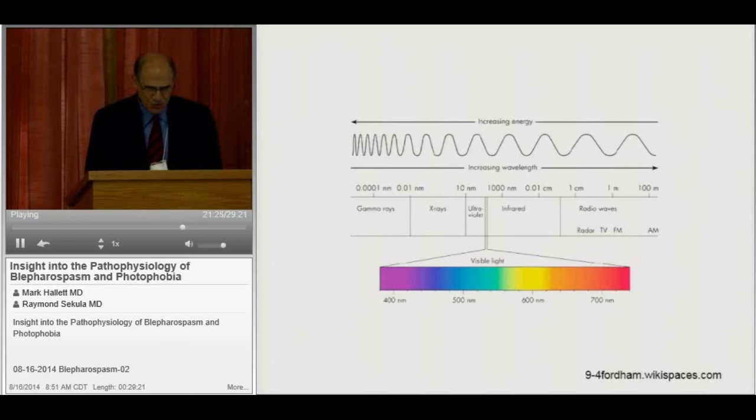So very short wavelengths are gamma rays, and then there's X-rays, and there's ultraviolet. We see this visible light part, which is this very tiny part here expanded, and then longer wavelengths are infrared and radio waves. So the little part of visible light that we can see with our eye goes from about 400 nanometers to 700 nanometers, and these are the colors that are related to that.